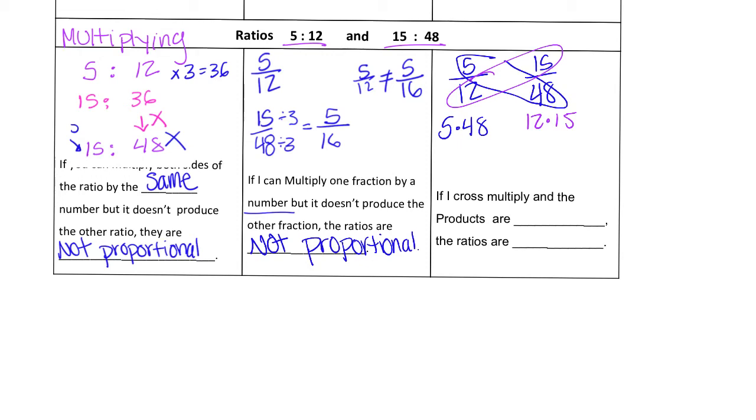Okay, 5 times 48 is 240. Does that equal 12 times 15, which is 180? Those are not equal. So if I cross multiply and the products are not equal, the ratios are not proportional.